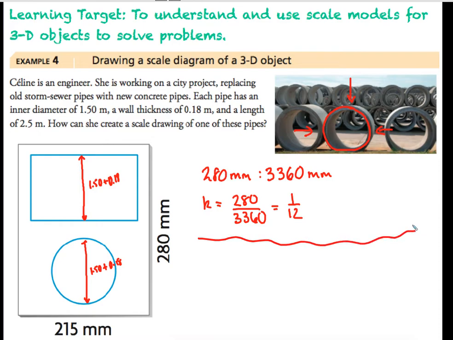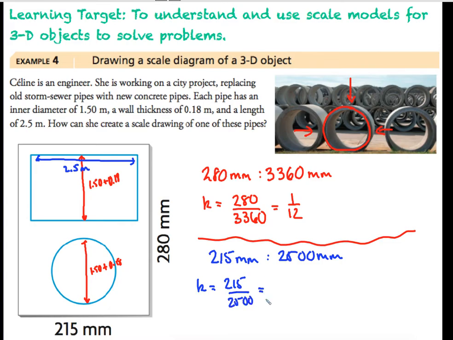So another comparison you might do is you might look at, okay, I know that this distance in real life is 2.5 meters. So if I take that and multiply it by 100, I would get my centimeters, and then if I multiply that by 10, I would get my millimeters. And so what we find is that 215 millimeters has to represent 2,500 millimeters. And so again, if we try and set up our scale factor, we could set it up as 215 over 2,500.